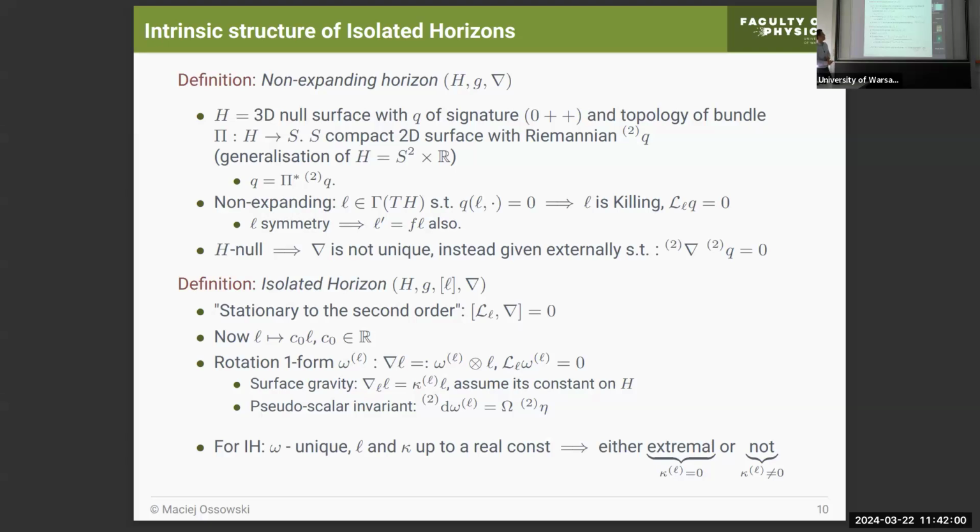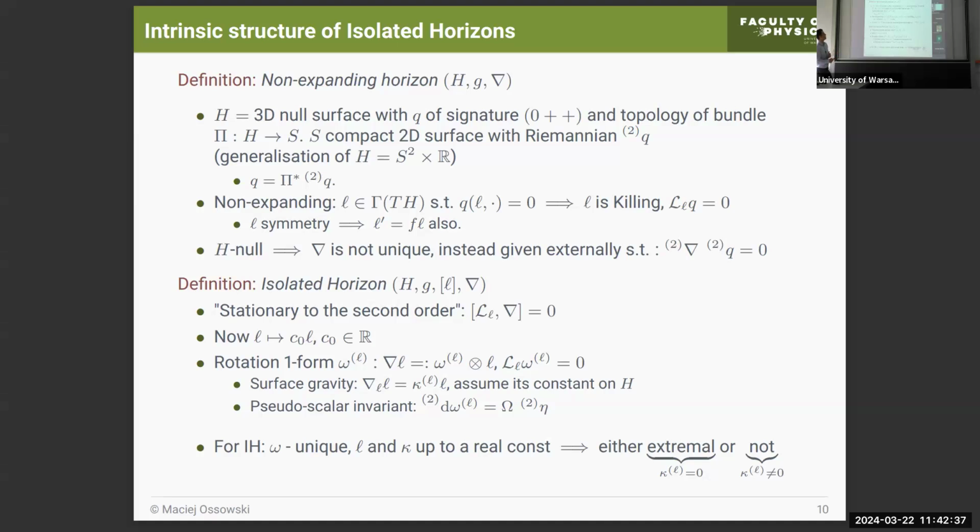With degenerate metric q, and we already assume that it has a topology of some bundle over some compact two-dimensional surface with Riemannian metric q, and this is maybe a generalization of the standard notion where one would say that this bundle is trivial and it's not over any compact surface, it's over a sphere, and fibers of this bundle are not generic, but they are just translations.